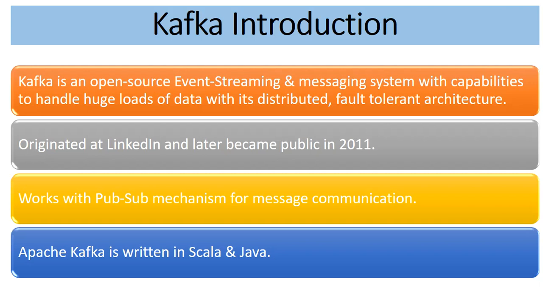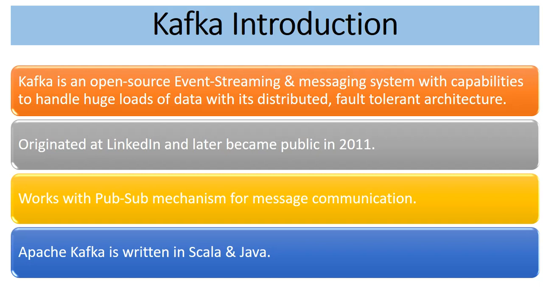So, in general, whenever we have multiple systems and multiple sources which are producing certain events and data related to those events, and we have some other applications and systems which are interested in that data, it's important for the overall flow of that set of messages between these systems.